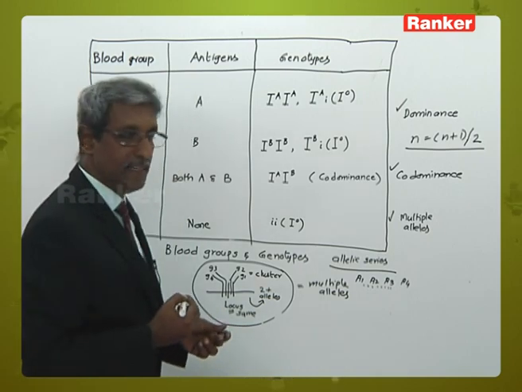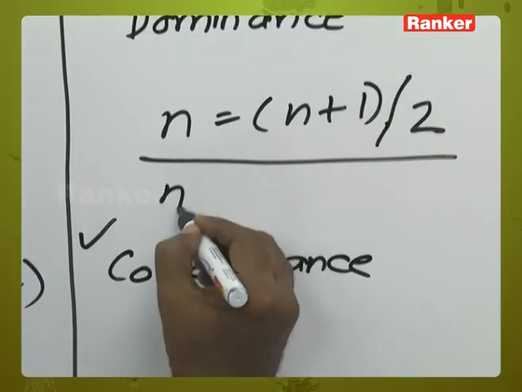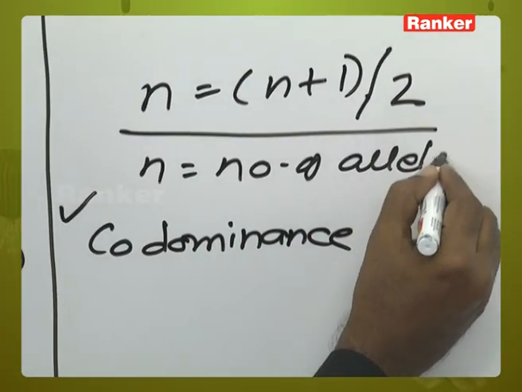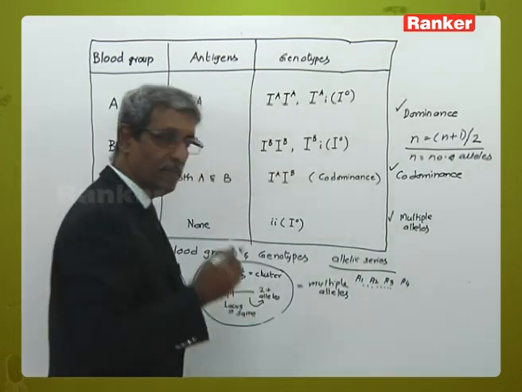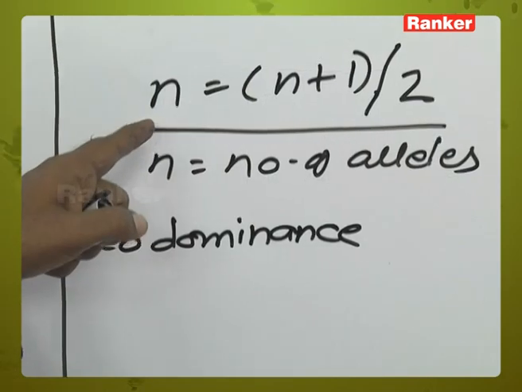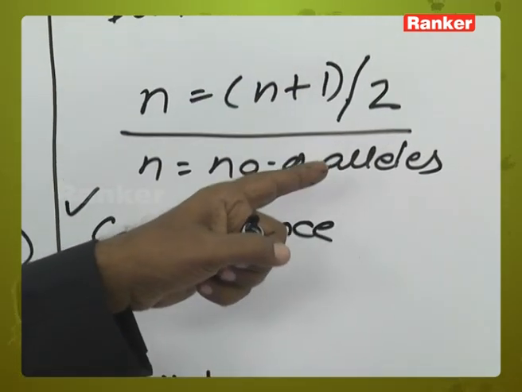Here n is the number of alleles at the locus. Imagine we have two alleles. So it will be 2 times (2 plus 1), which is 3, divided by 2.